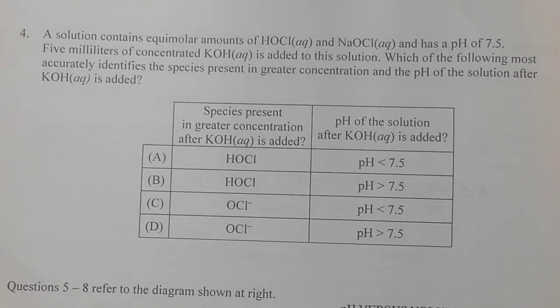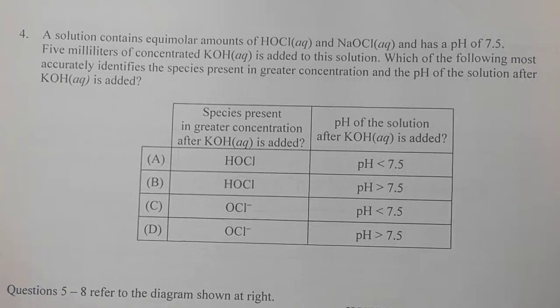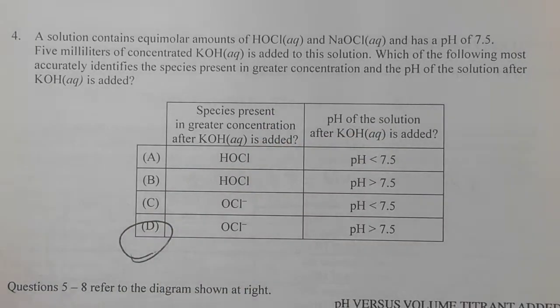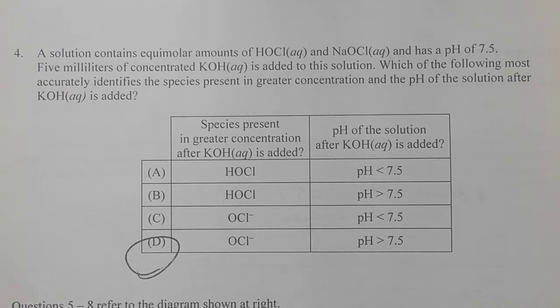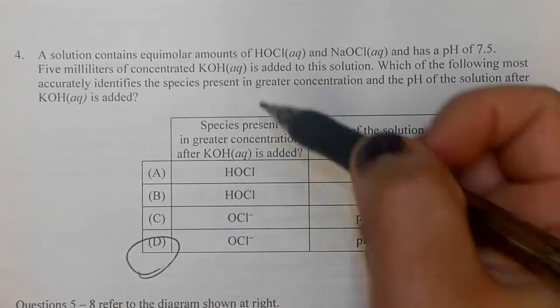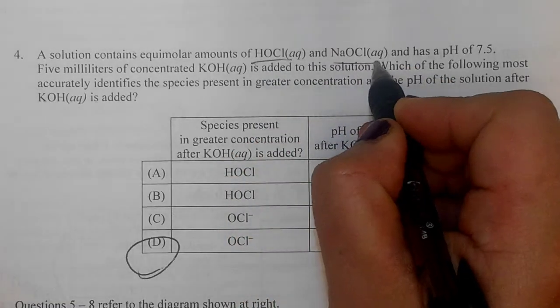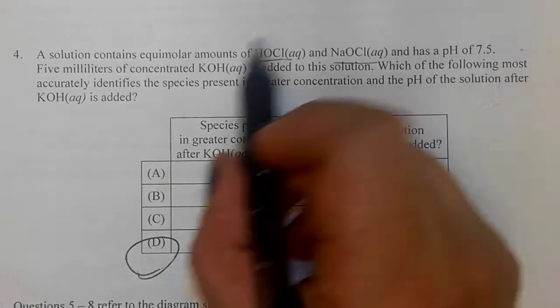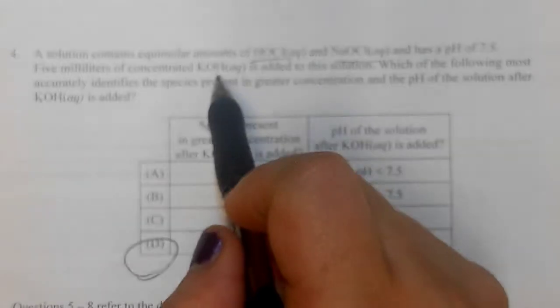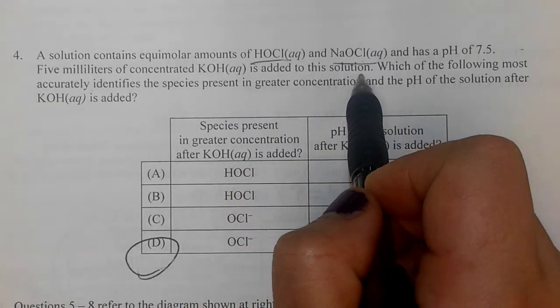What do we get for 4? Yep, 4 is D. Now you guys should all understand what's going to happen. The solution contains equal amounts of this and this. Take a look. Acid, conjugate base, pH is this. 5 milliliters of concentrated KOH is added to the solution.